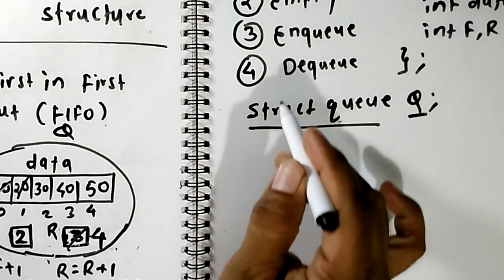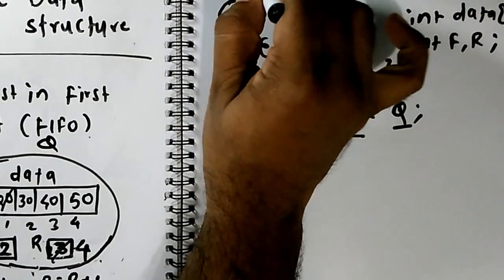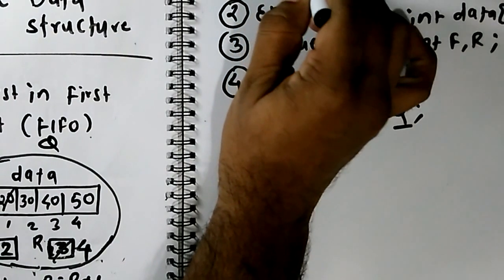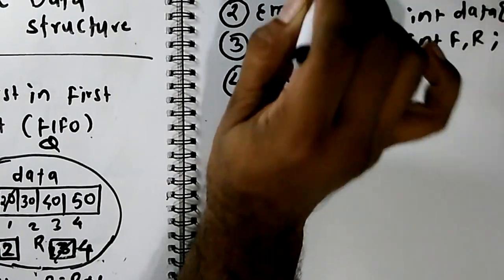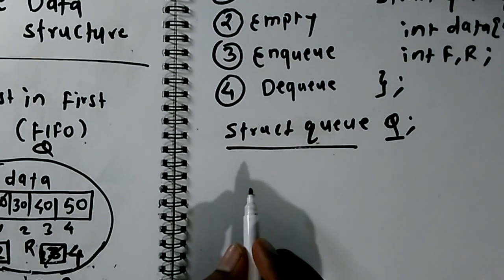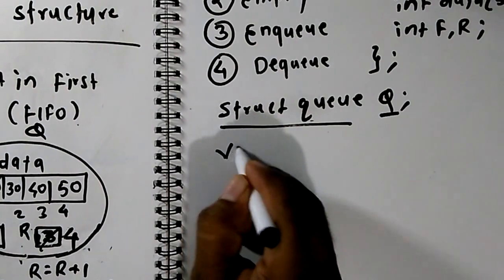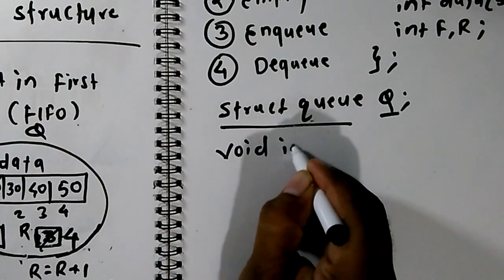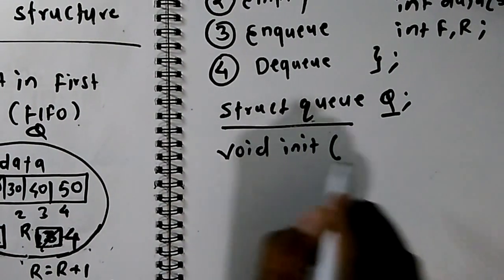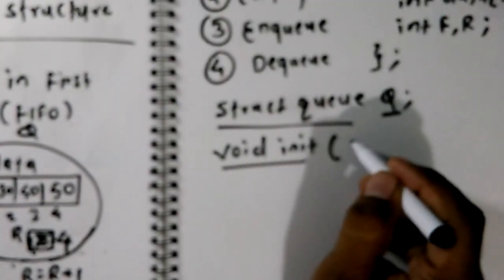In fact, that operation will be performed first. That is called the initialization operation. So let's write the init function first. It's void init. To this init function, I'll pass the queue which I want to initialize.